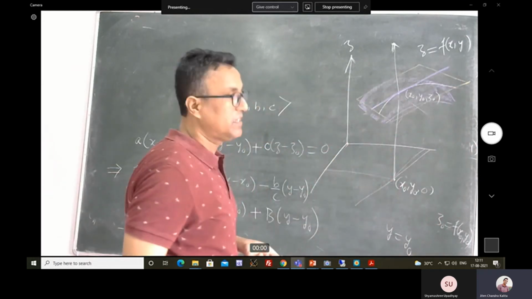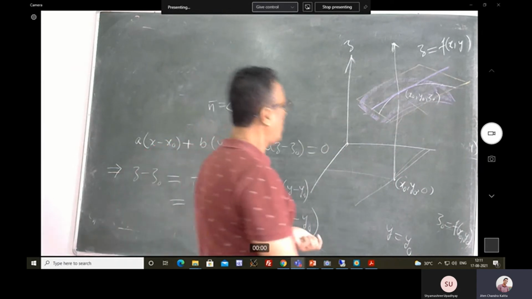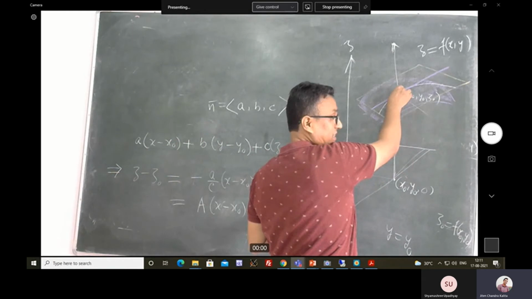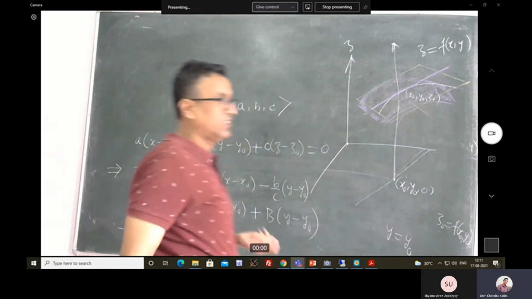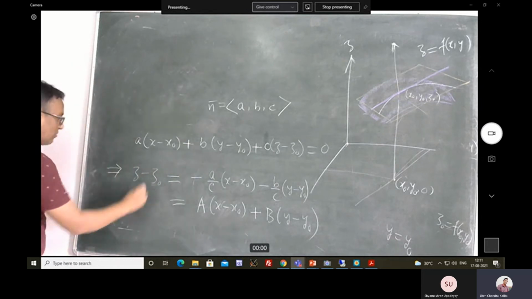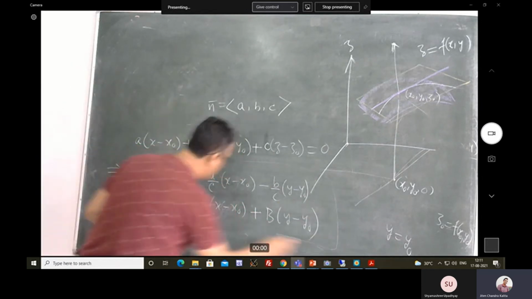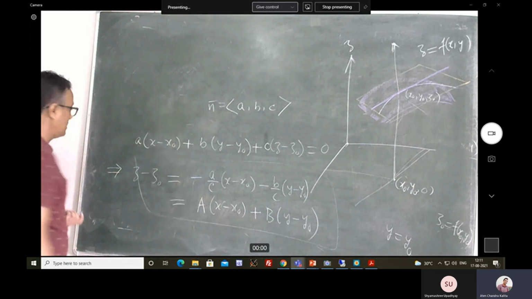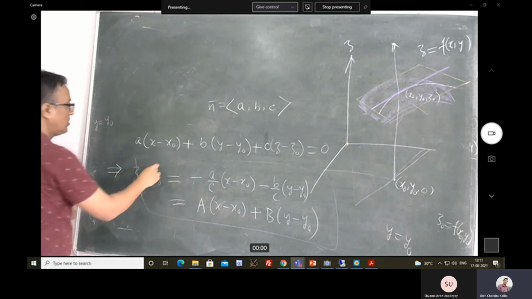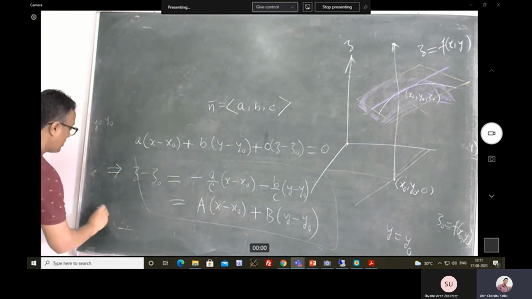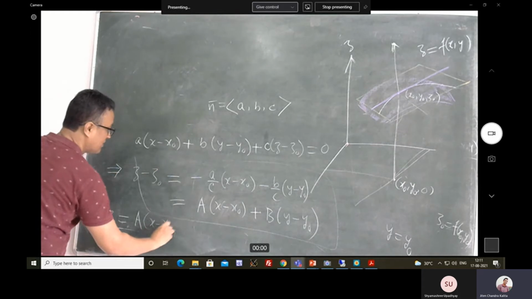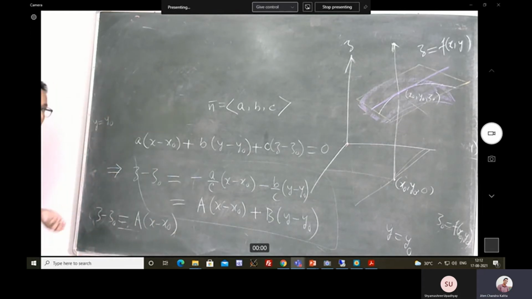The partial derivative of the function with respect to x at that point is going to be the slope of the tangent. Now let us see what happens to this equation along the plane y equal to y naught. It is going to reduce to z minus z naught equal to A into x minus x naught.